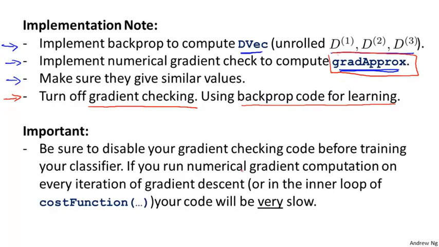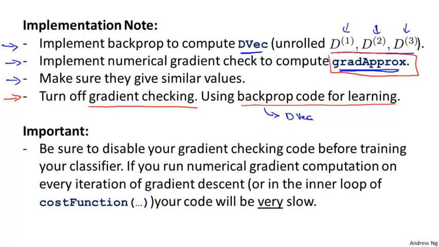The reason for that is the numerical gradient checking code, the stuff we talked about in this video, is very computationally expensive, a very slow way to approximate the derivative. In contrast, the backpropagation algorithm that we talked about earlier, the thing for computing D1, D2, D3, or dvec, is a much more computationally efficient way of computing the derivatives.